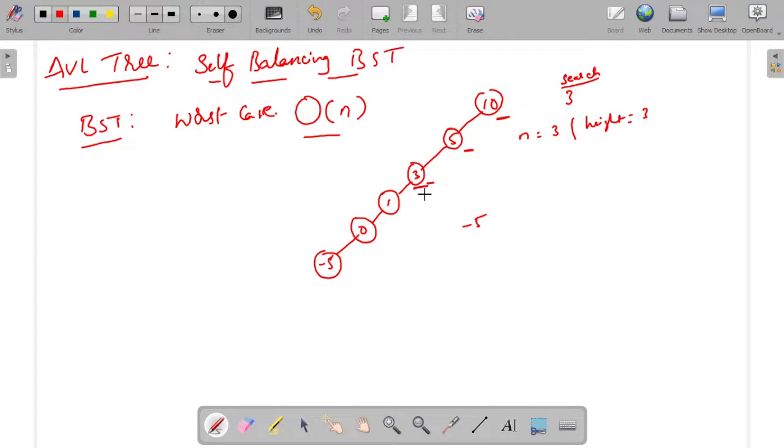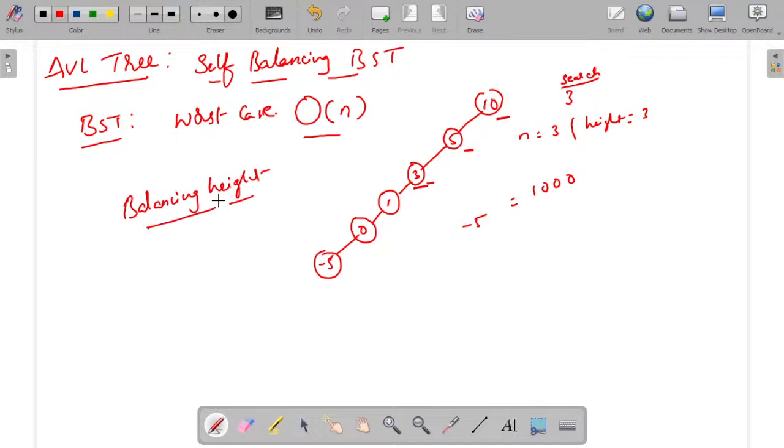And if you imagine this for say 1000 numbers, where the binary search tree is constructed like this, in that situation the time complexity is going to be very, very high, which is not a feasible option for us to go with. So to get rid of this problem, we are going to come up with some solution, and that solution is balancing the height.